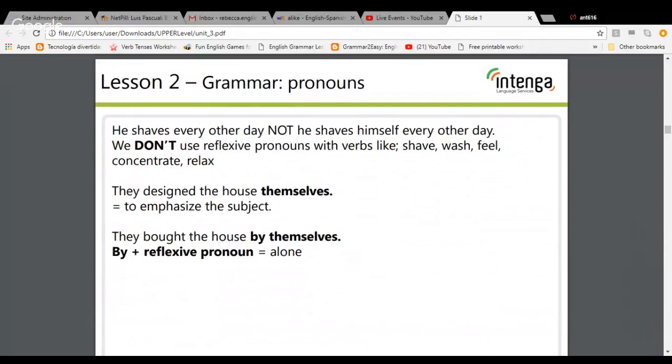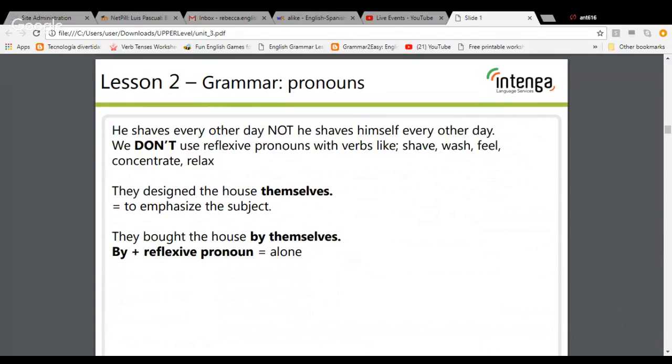We don't use reflexive pronouns with verbs like shave, wash, feel, concentrate, relax. They designed the house themselves, to emphasize the subject. They bought the house by themselves. By plus reflexive pronoun equals alone.